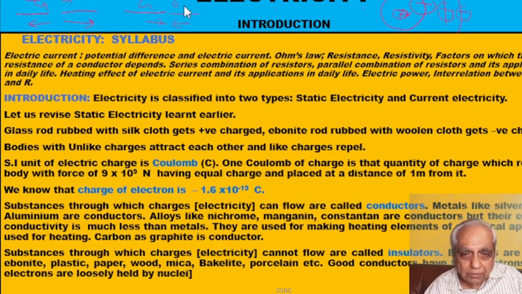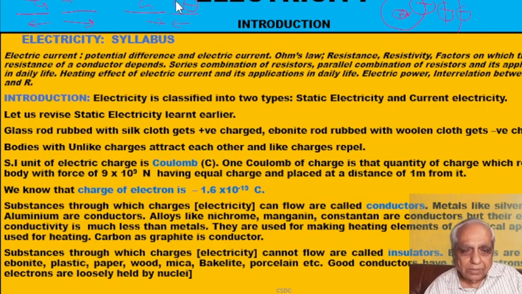So what does it mean? It means the ebonite rod has gained electrons from the woolen cloth. As the ebonite rod has gained electrons, it now has more electrons as compared to protons in some of its atoms, so it has become negatively charged.